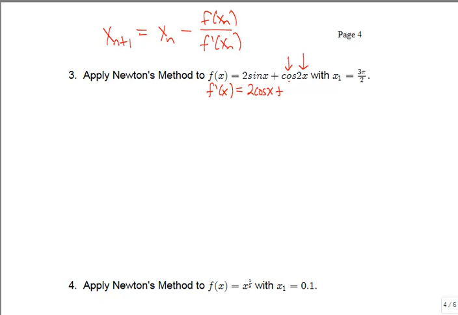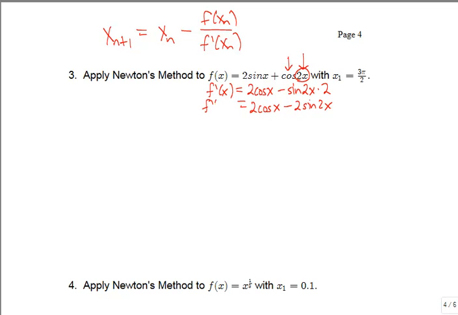So the derivative of cosine of 2x wants to be minus sine of 2x. But by the chain rule, we have to multiply that by the derivative of this inner function, which is going to give us another 2. So this is going to be 2 cosine x minus 2 sine 2x.